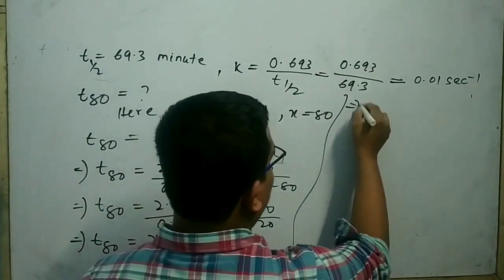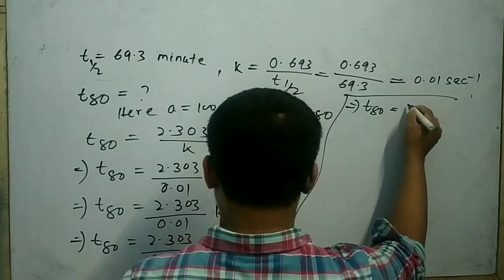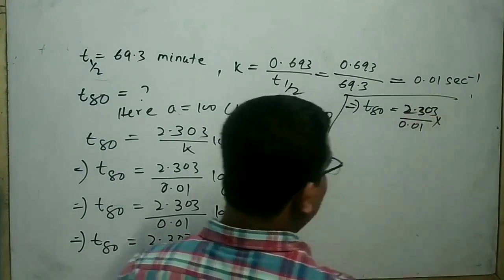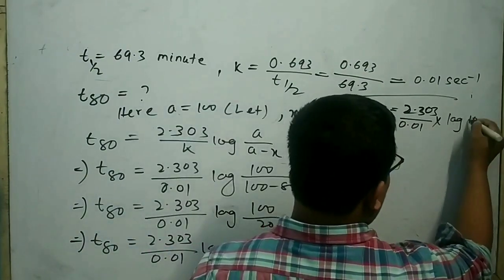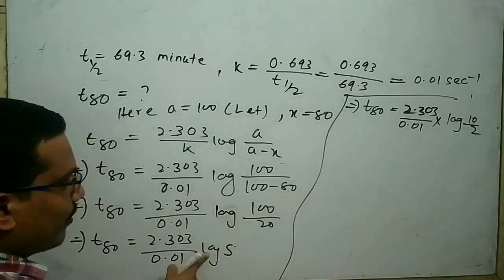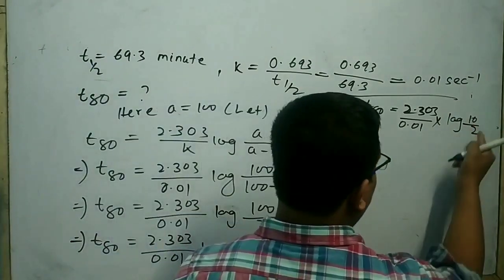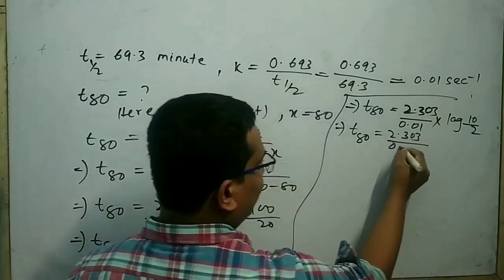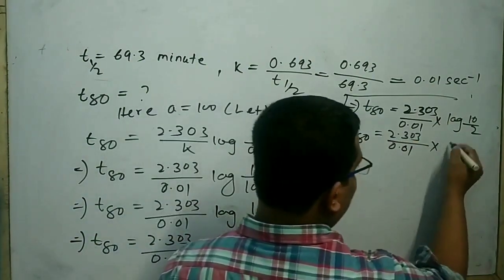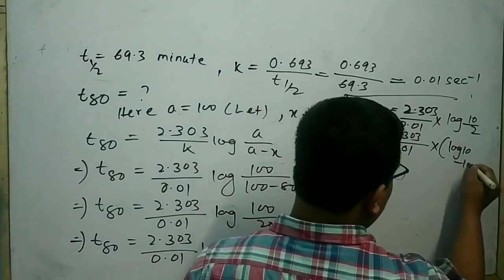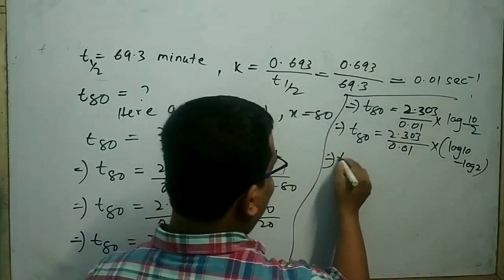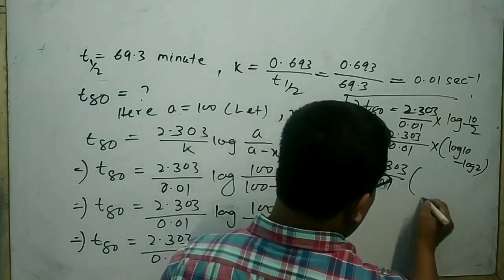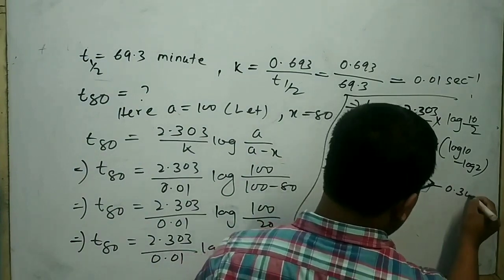Now I can write T80 is equal to 2.303 divided by 0.01 into log of 10 by 2. Your log 5 is not given, that means I can write log of 10 by 2. T80 is equal to 2.303 divided by 0.01 into (log 10 minus log 2), that is 2.303 divided by 0.01 into (1 minus 0.3010).